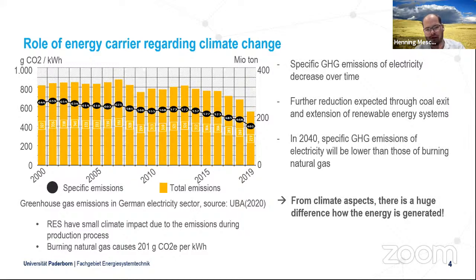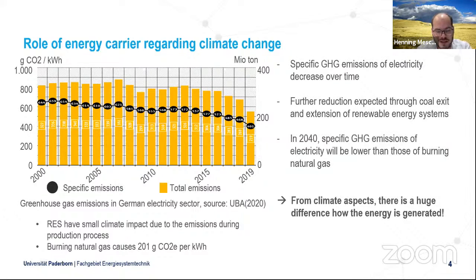And you see that we can reduce that. On the other hand, we use a lot of fossil fuels in industry, like natural gas, coal, or something like that. There we produce greenhouse gas emissions by burning them. So we produce them not in the production phase of this energy source, but in the operation phase, or in the use phase.